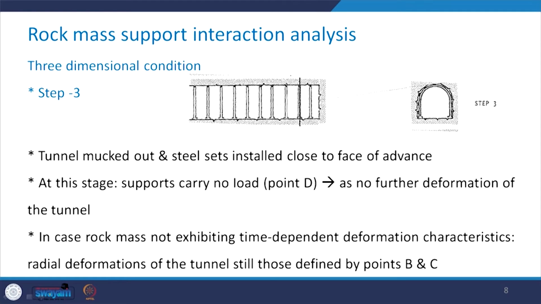So, at the section XX, which is this one, the support has now been installed, and therefore in this view you are seeing the support system as well. So this was the excavated periphery, the outer portion, and this is the support system.